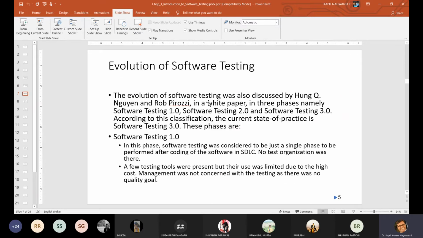The evolution of software testing was also discussed by Hung and Rob in a white paper. They created a white paper, a research paper of sorts, in three phases, namely software testing 1.0, software testing 2.0, and software testing 3.0. According to this classification, the current state of practice is software testing 3.0.